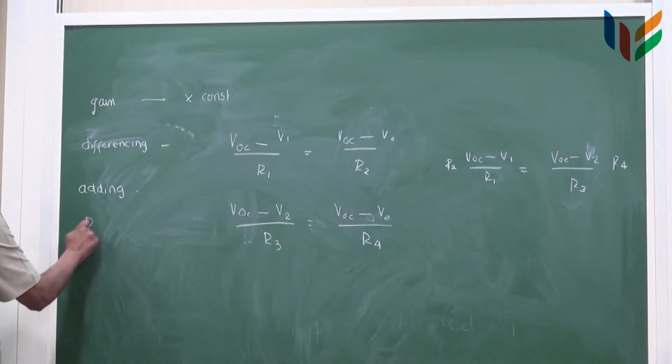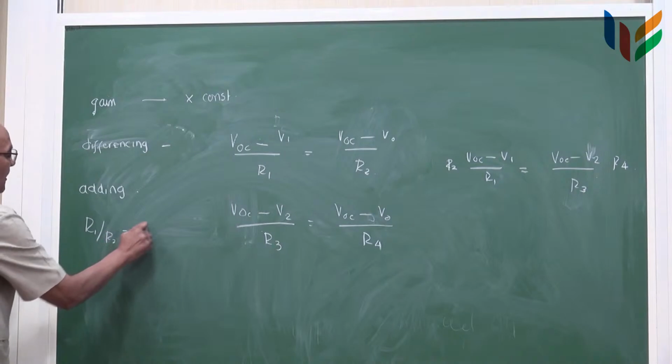Let me call R1 by R2 as alpha to simplify.